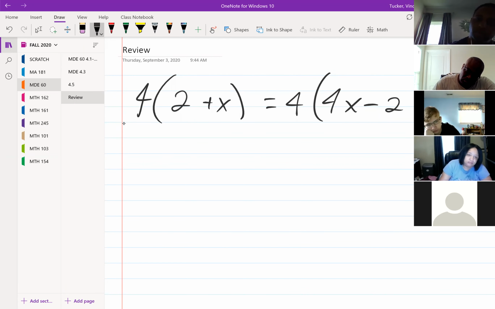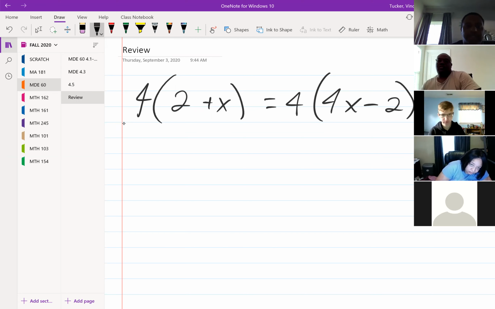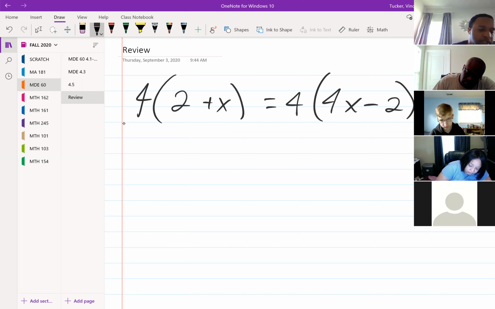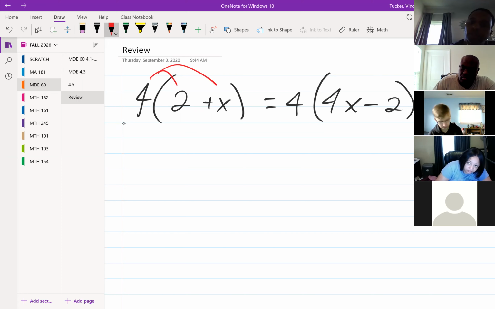All right, so we have 4 times the quantity of 2 plus x equal to 4 times the quantity of 4x minus 2 minus 4. Directions are just to solve. So we'll distribute 4 in both cases.